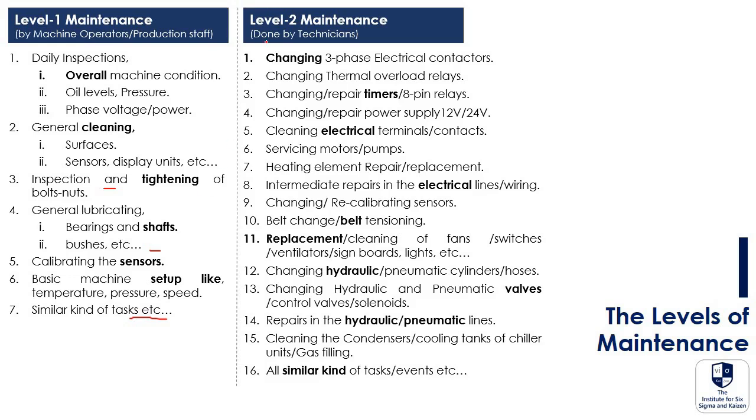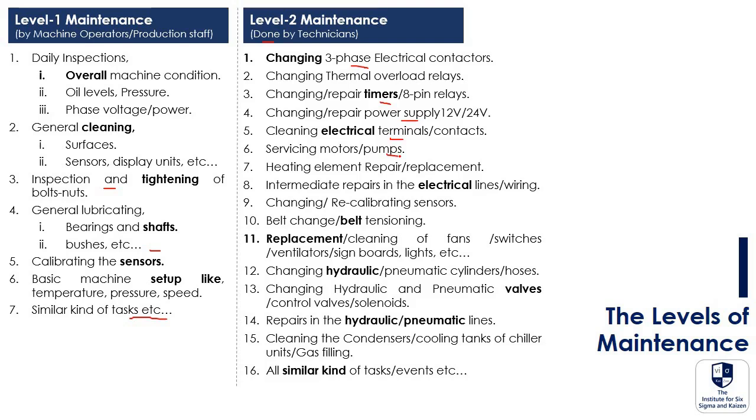When it comes to level 2 maintenance, these are mainly done by the technicians. Tasks like changing a 3-phase electrical contactor, changing any thermal overload relay, changing and repairing any timers, then power supply, then cleaning electrical terminals and contacts, then servicing the motors or the pumps.